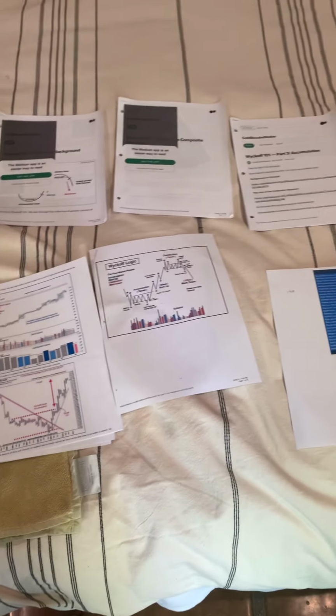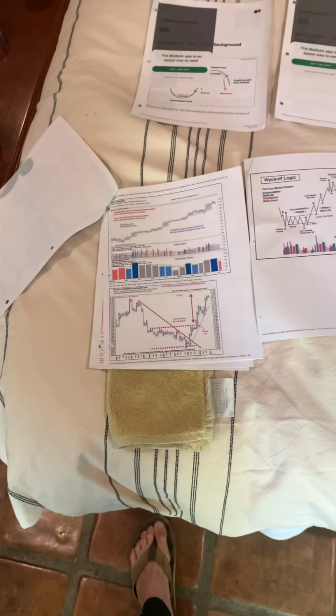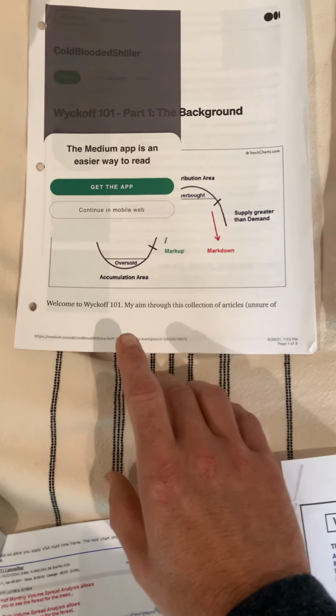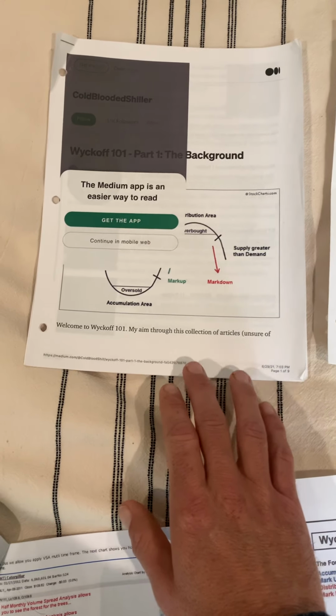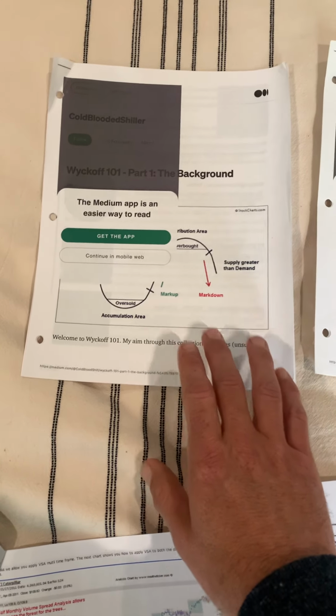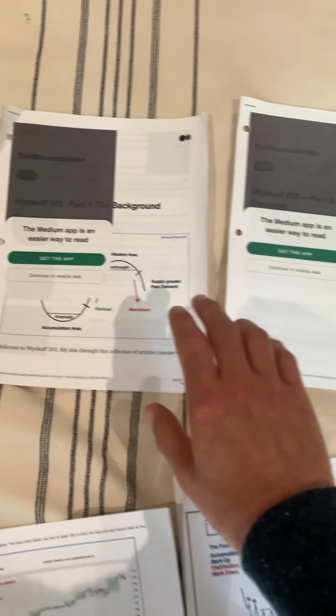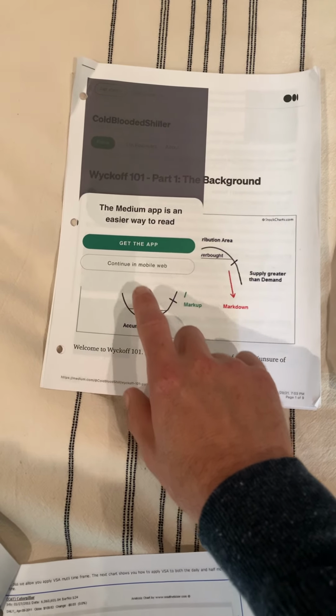This, on my bed right here, is what's been helping me not lose my money right now. Okay, you've seen this before. If you haven't seen this before, this is a great introduction to the Wyckoff Schematics.